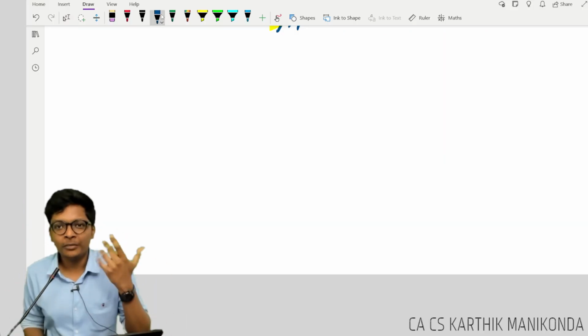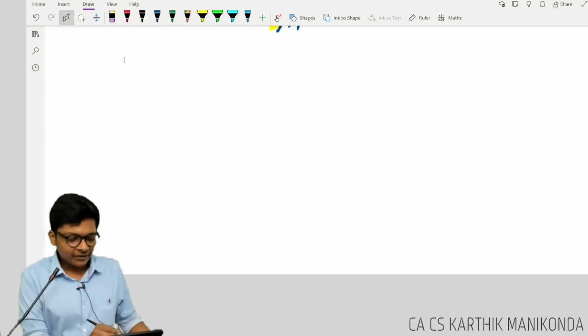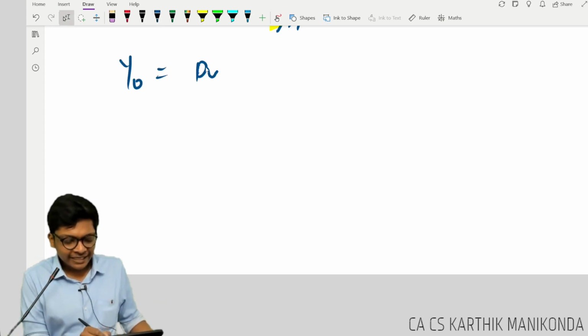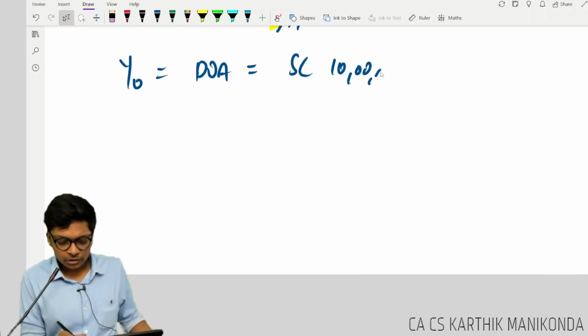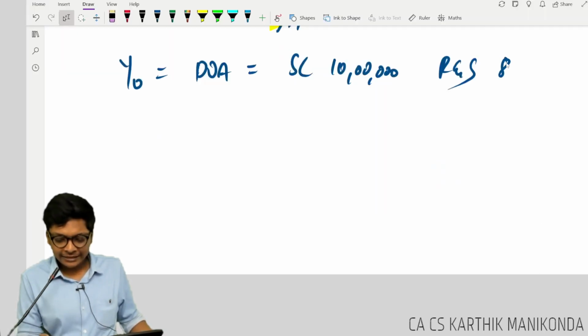Again, when you go home, you will write it simply. We will write year 0 is the date of acquisition. That day share capital was 10 lakhs. Reserves and surplus was 80,000. That only is the question.